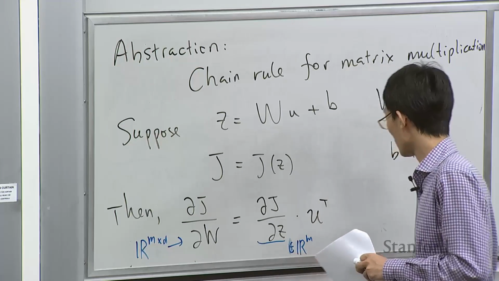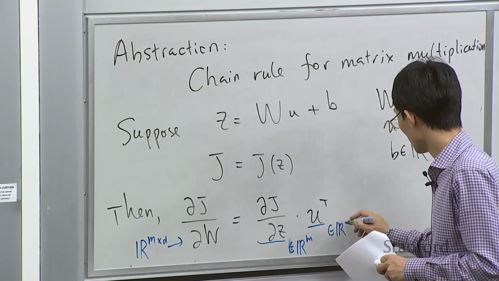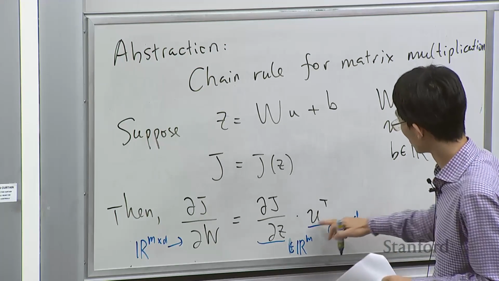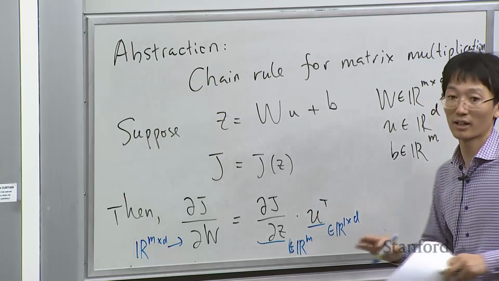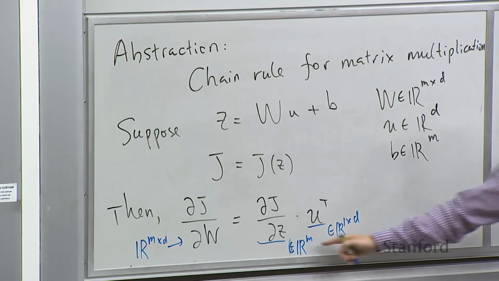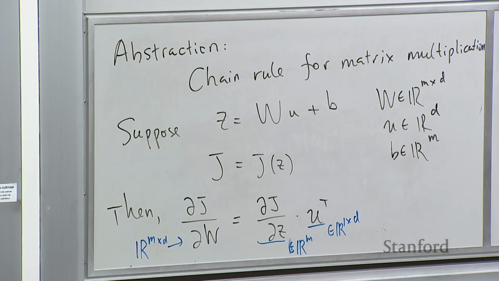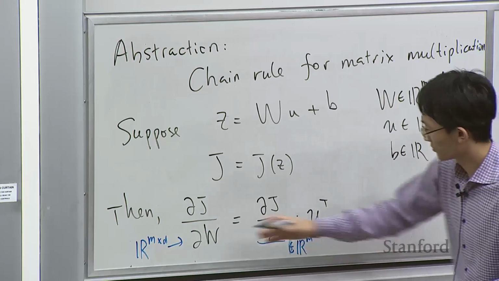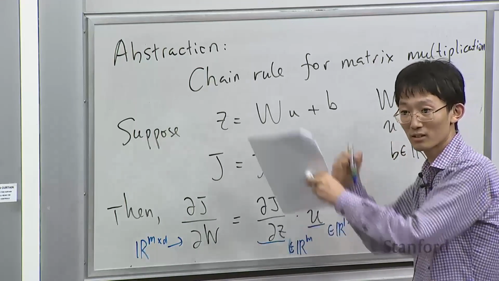And this is in R^(1 by D), because U is of dimension D and U transpose is of dimension 1 by D. I guess all the vectors are column vectors. If it's an M-dimensional vector, it's really M by 1. So all the vectors in this course are column vectors. That's why the dimensions match. Because this is a column vector, this is a row vector, and you take the outer product of them, you get a matrix.